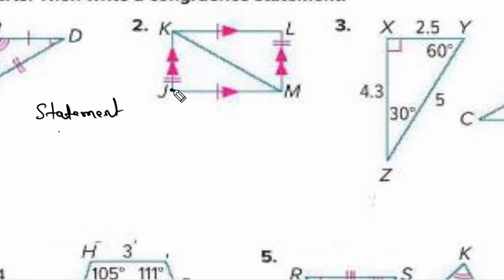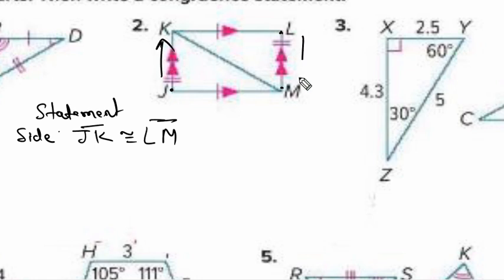So side, let's start from here. So side JK is congruent to, if you see here, side JK is congruent to side LM.